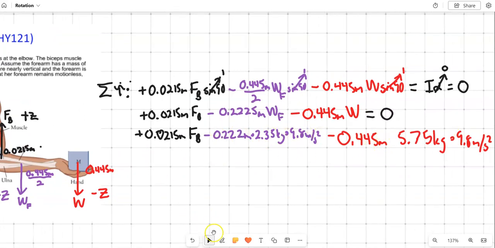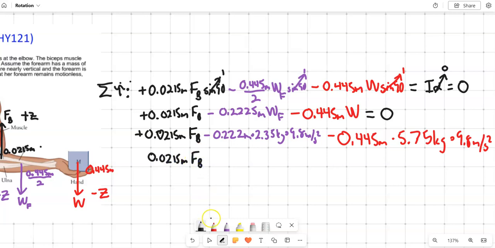So this is 0.0215 meters times the bicep force.